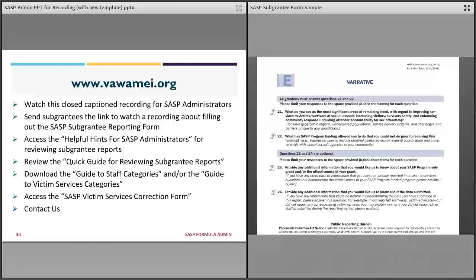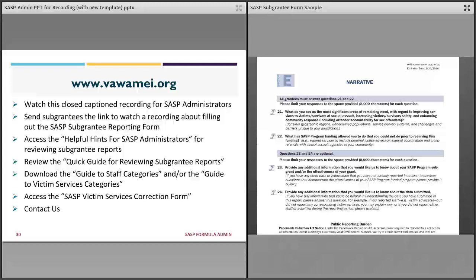You can suggest that they access the helpful hints for SASP administrators form, or you might choose to review that also when reviewing subgrantee reports. You can review the quick guide for reviewing subgrantee reports. There's a downloadable guide to staff categories and a guide to victim services categories.